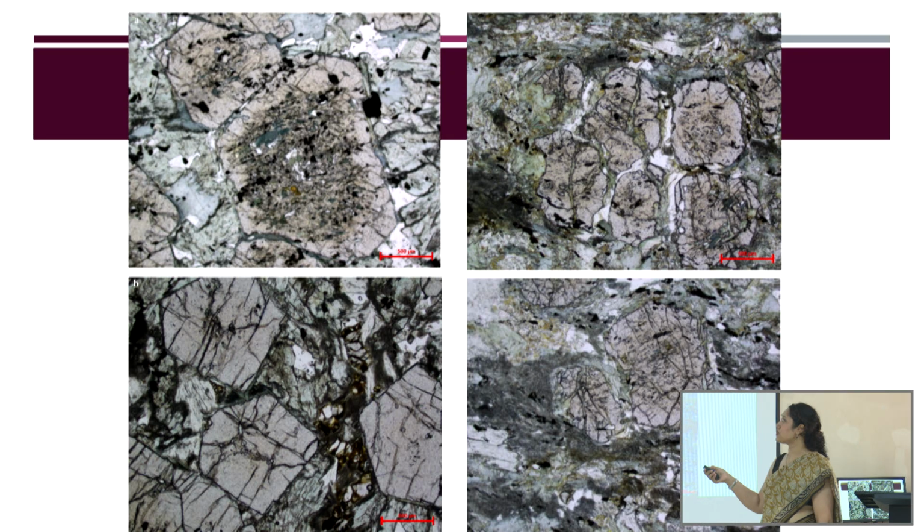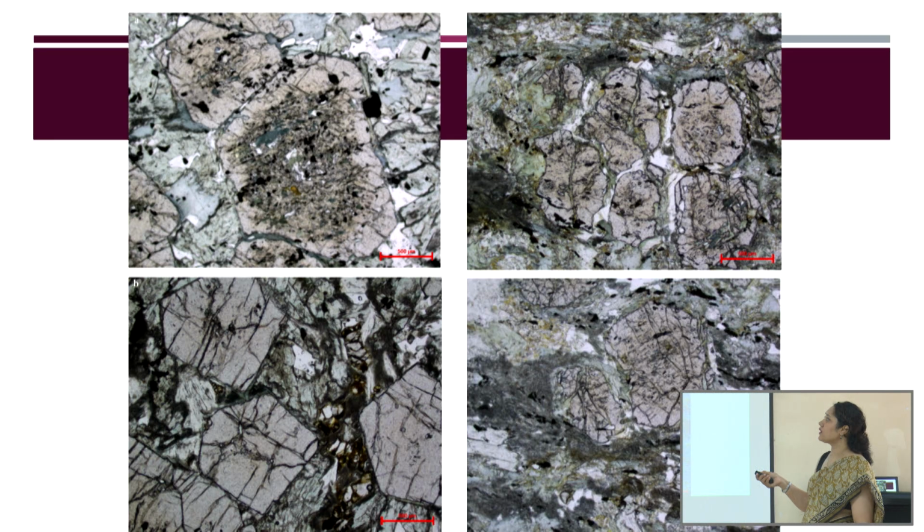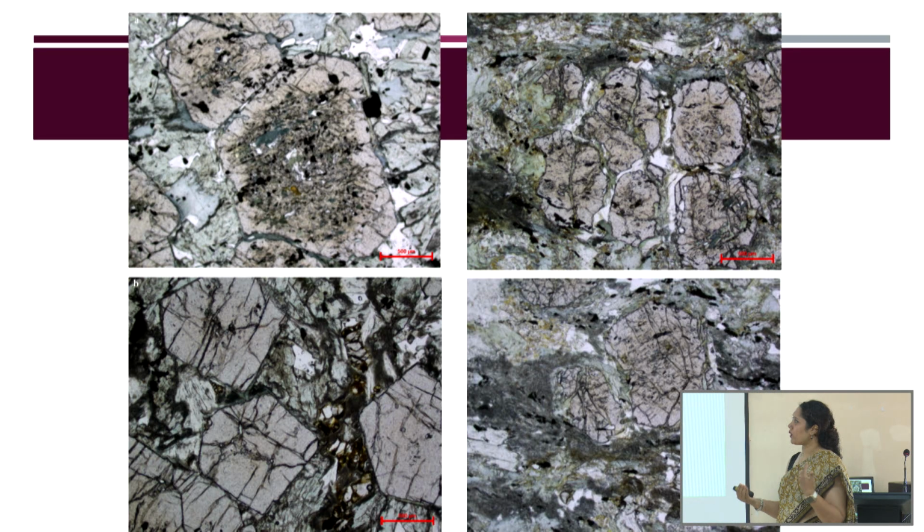Based on all these minerals which occur within the garnet cores, we were quite confused as to why we are getting amphibole, sometimes even mica and other things within the cores, and what they represent.